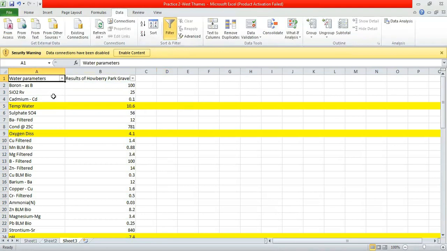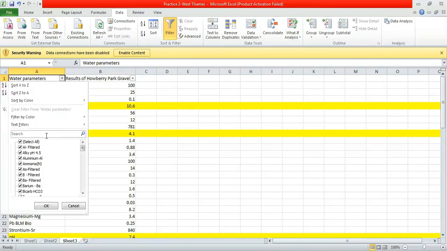And now we have to select what we are seeing. So we need to select temperature, oxygen dissolved, pH. Okay, so how do we do that? So we come, this is the select all. So we have to select this, and then we select our particular parameters of concern, and we go down, and then we're checking.